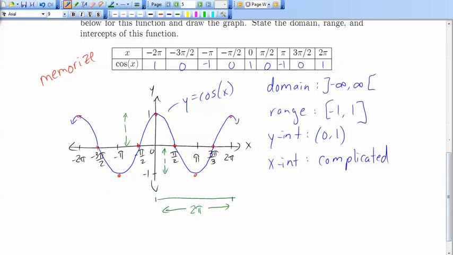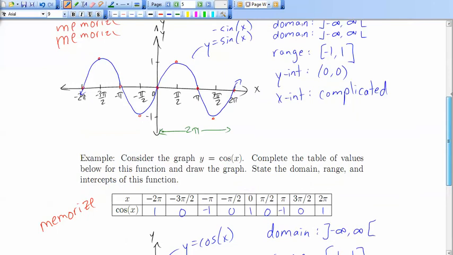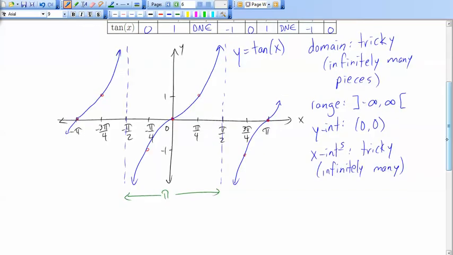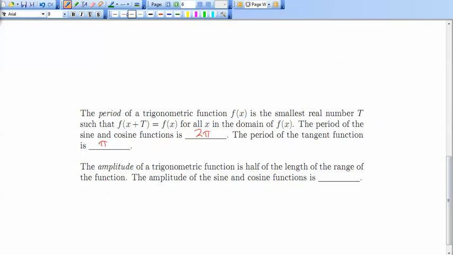And the same thing is true of our sine function there. We have 1 unit to go from the peak to the midline, or 1 unit to go from the midline to the valley. So we call that the amplitude. So for our sine and cosine functions, the amplitude of those functions is 1.